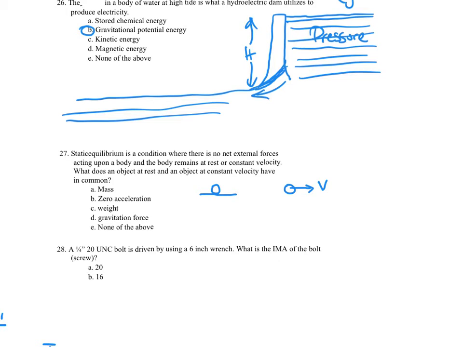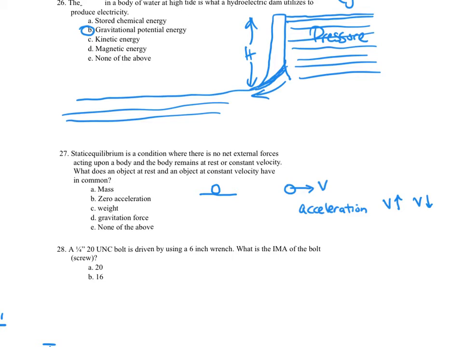All right, what does an object at rest and an object at constant velocity have in common? Well, they both do not have acceleration. Because if there's acceleration, that means the velocity is going up, or the velocity is decreasing for deceleration, right?